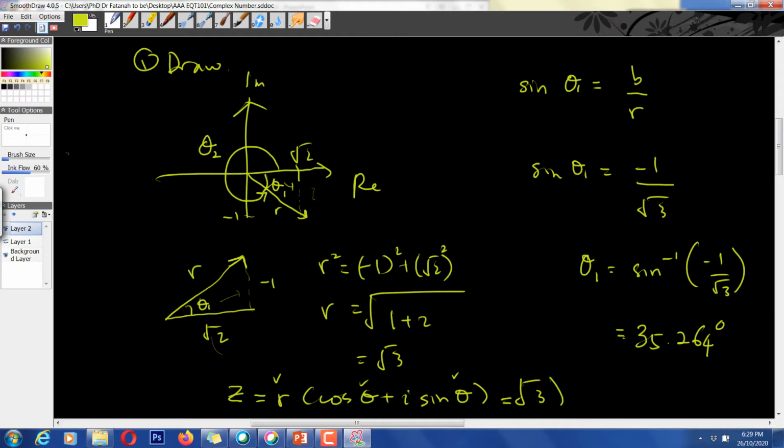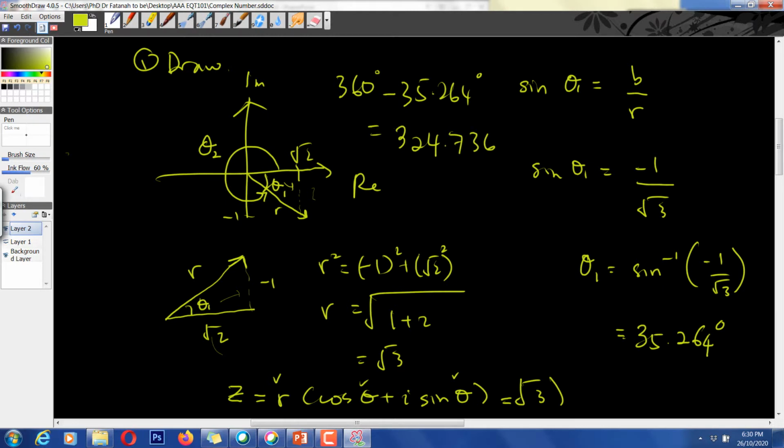So what we should do is 360 degrees minus 35.264 degrees, which gives 324.736.